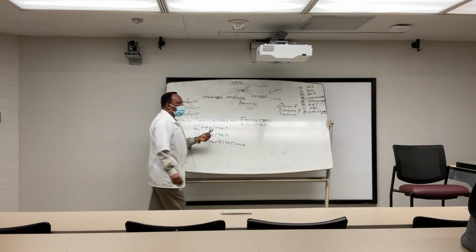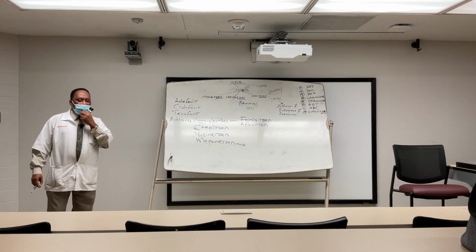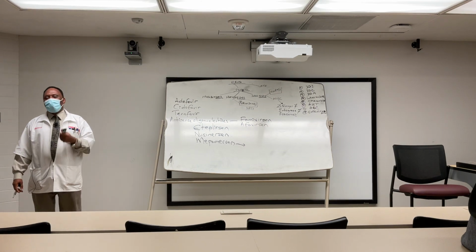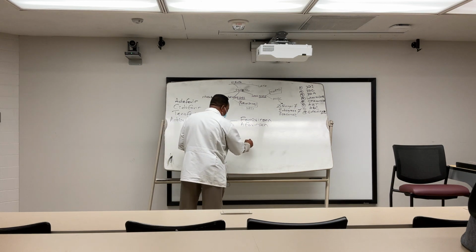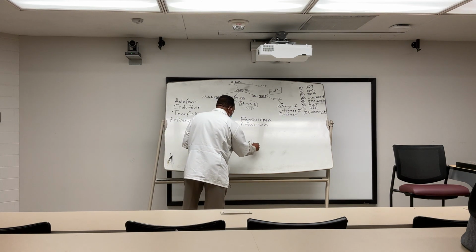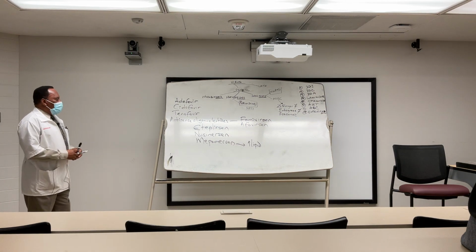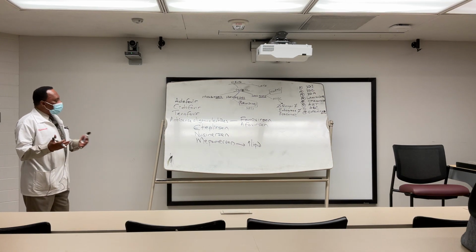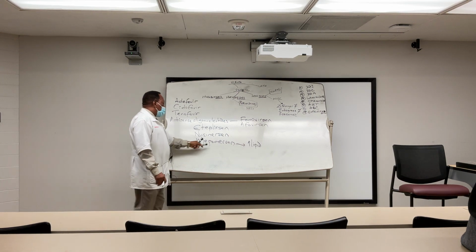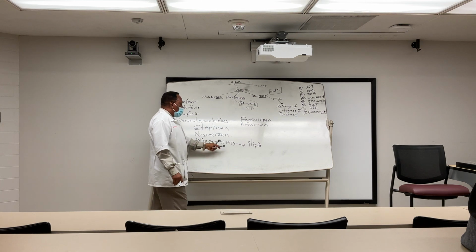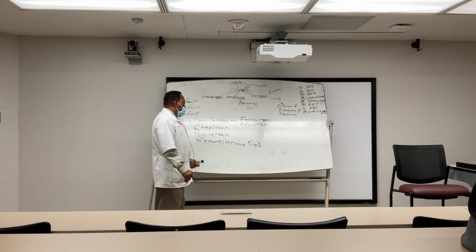For instance, mipomersen is an antisense oligonucleotide that is used to manage hypercholesterolemia. Okay, so it's mainly for lipids. So we have hyperlipidemia, that's mostly due to cholesterol. You have to use mipomersen. So it's an antisense oligonucleotide that is not an antiviral agent. It is used for lipids.